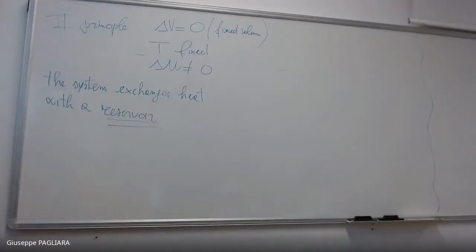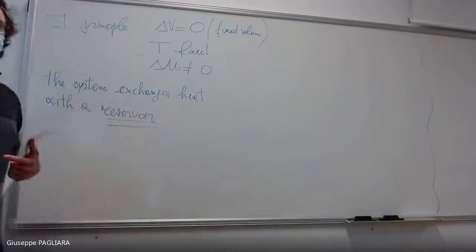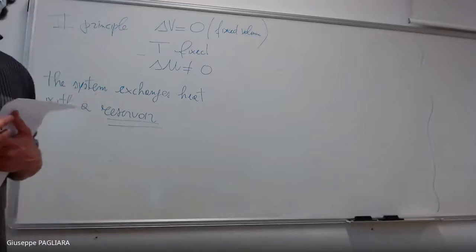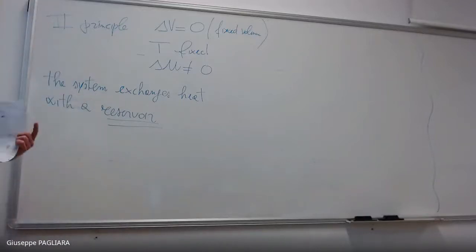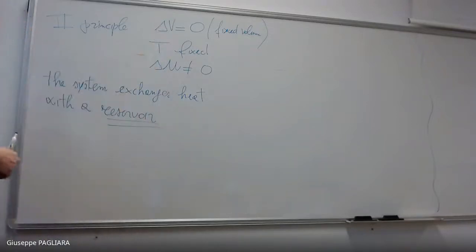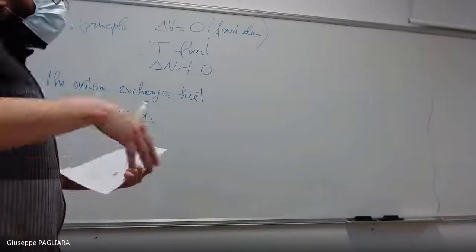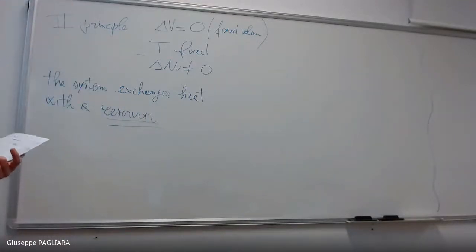The water of the sea is used as a reservoir, for instance, for nuclear power plants, because it's a huge system with a huge heat capacity, and therefore it can exchange heat without changing its temperature. So this is a way to fix the temperature of a body: establish contact with a much larger body, which has a much larger heat capacity.